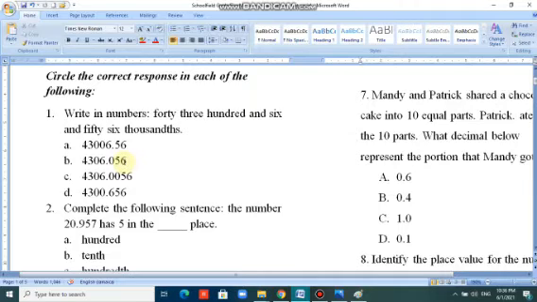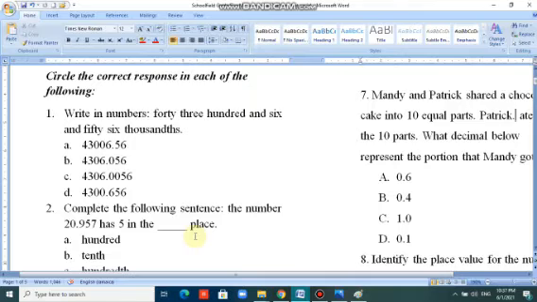So you put your tongue between your teeth and you call the word. Any number that comes after the decimal point, you just put a TH or a THS on it. So it reads 4,300, 0 tens and 6 ones. So it's 4,306 and 56 thousandths. All right.